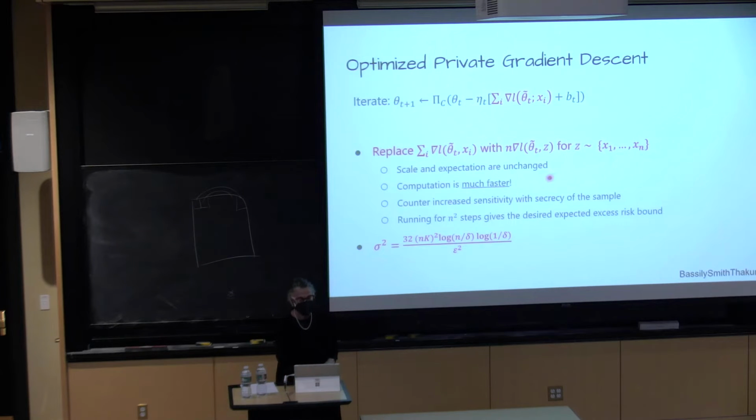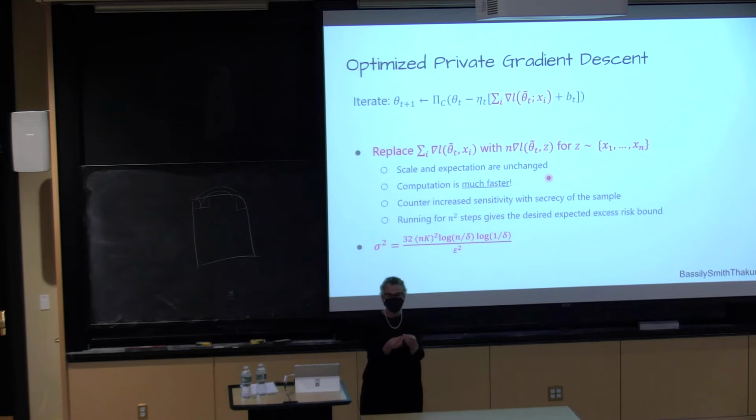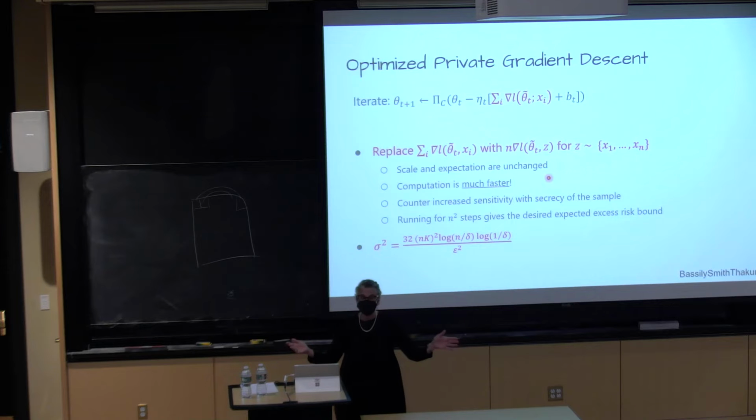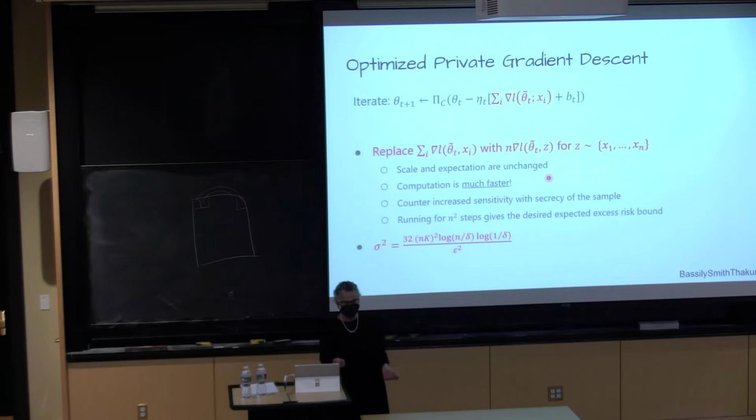So that's great. But there's this fear, right? I took something which was a function of just one element, and I multiplied it by n. So the sensitivity went way up. That's bad. That's going to cost me a factor of n. However, I have privacy of the subsample. That lets me divide by n.